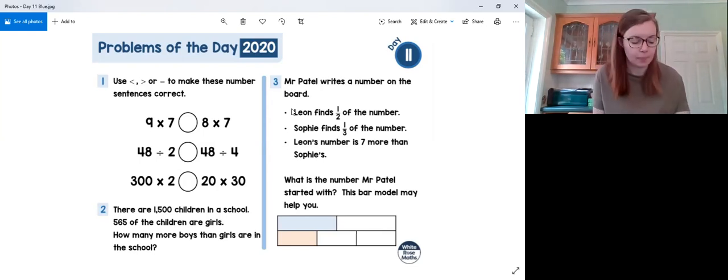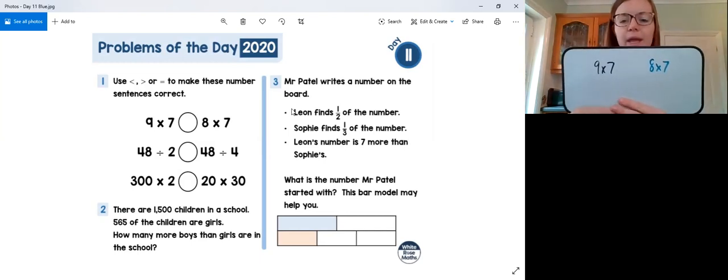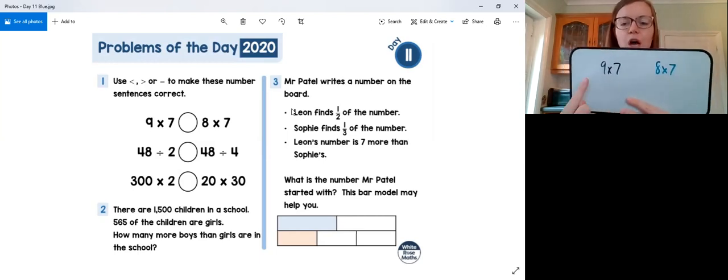So in the first one, we have 9 times 7 on one side, and we have 8 times 7 on the other. So without working out your 9 or 8 times table, think about what we've got here. This is so many lots of 7, and this is so many lots of 7. So without working it out, I know I have 9 groups or 9 lots of 7 here, and 8 groups or 8 lots of 7 here.